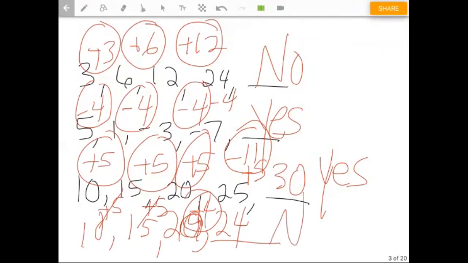N stays as n because that basically means the term number, and d is the difference. So if you're adding 5 every time, d would be 5. If you're subtracting 3 every time, the difference would be negative 3. So we're going to use this formula to write explicit formulas for sequences.